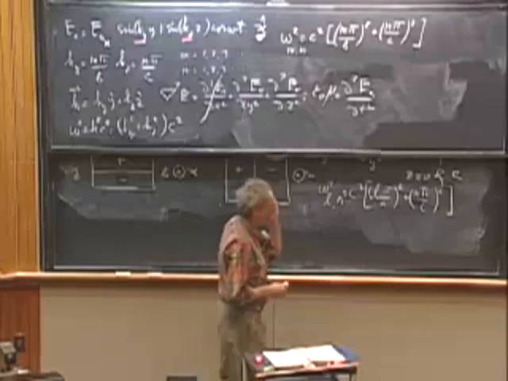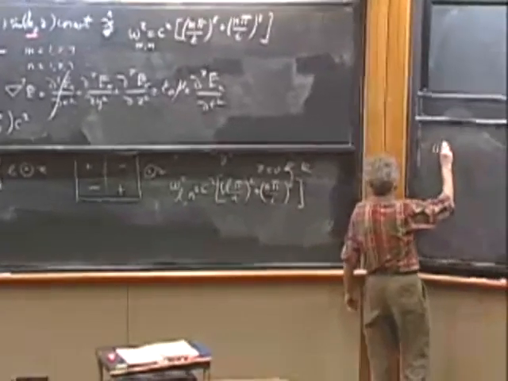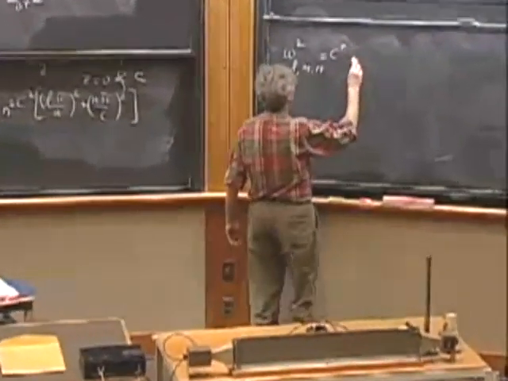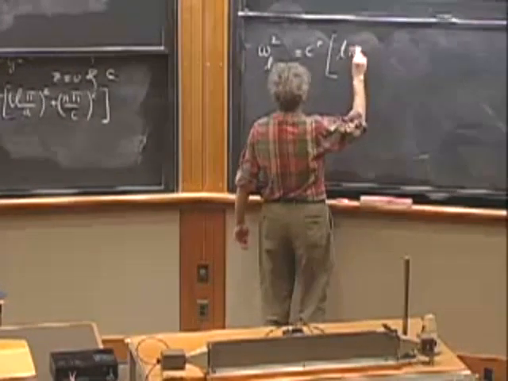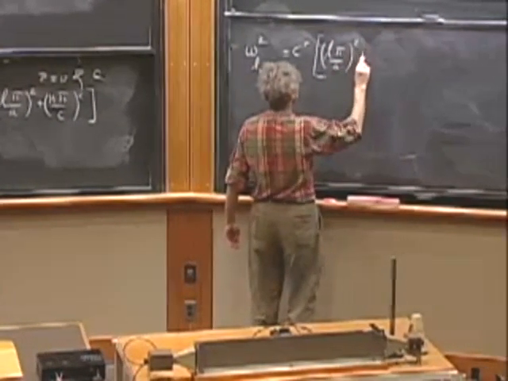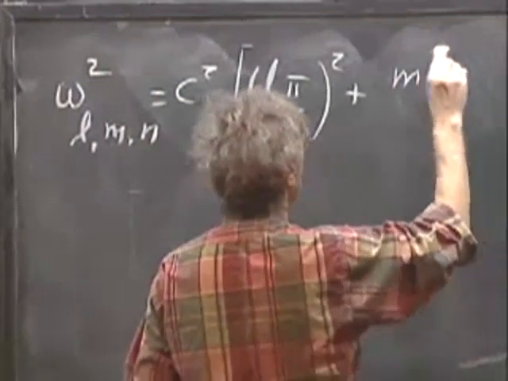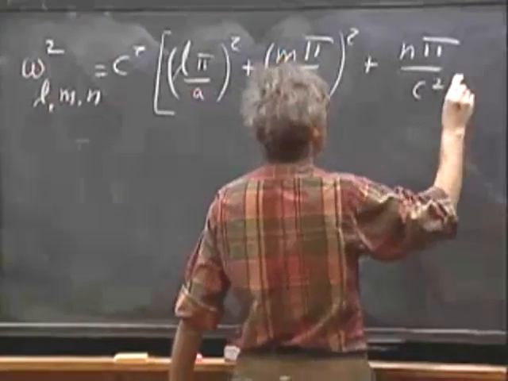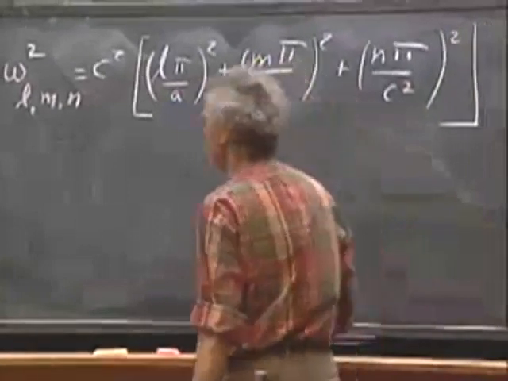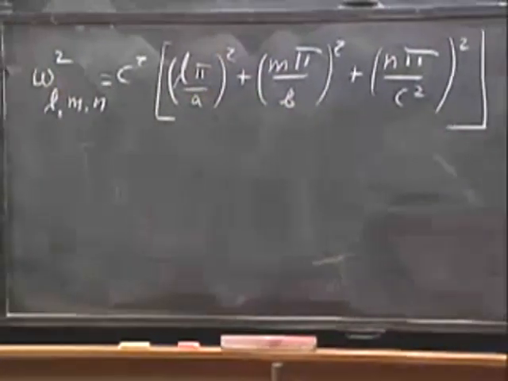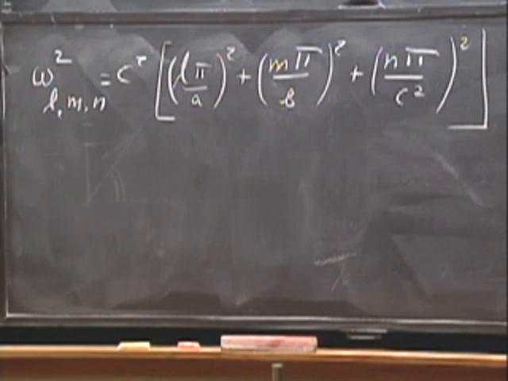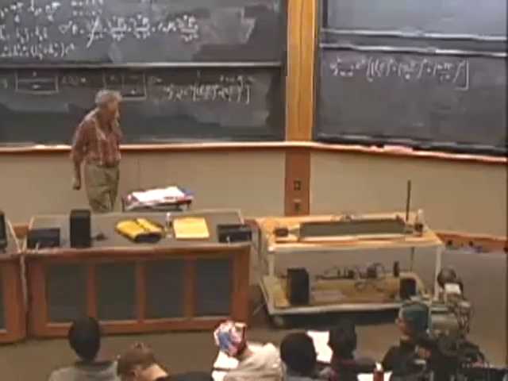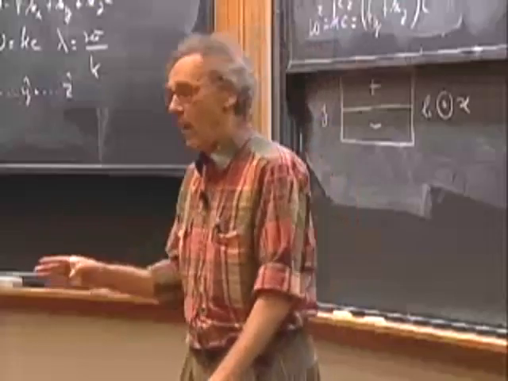If now I make omega squared L m n equal to c squared times (Lπ/a)² plus (Mπ/b)² plus (Nπ/c)², then I can have an E vector in some random direction, well maybe not too random because I have to meet this condition. Now I have a whole family of infinite number of resonance frequencies which are not only E vectors in x, y, or in z direction.